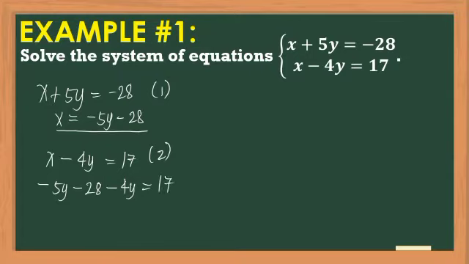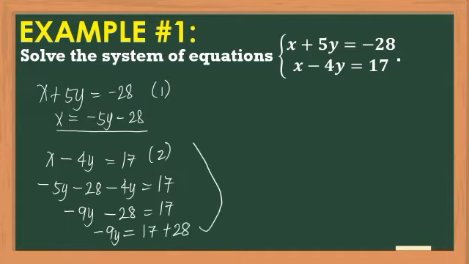And then, we combine like terms. Negative 5y minus 4y, that is negative 9y, minus 28 equals 17. Next, yung negative 28, dalhin natin siya sa right side, so magiging positive. Magiging negative 9y equals 17 plus 28.